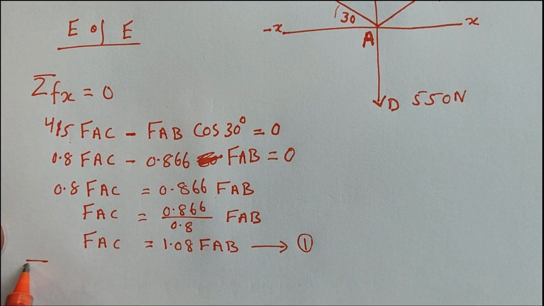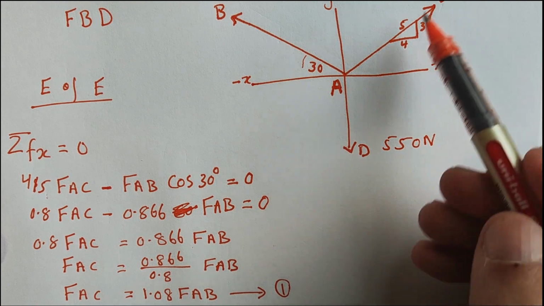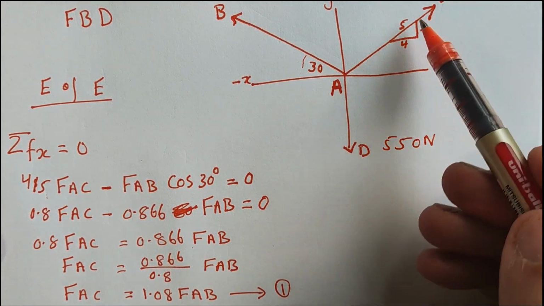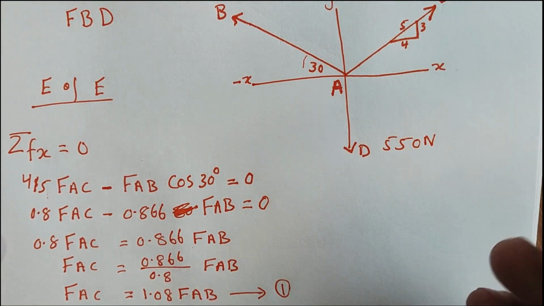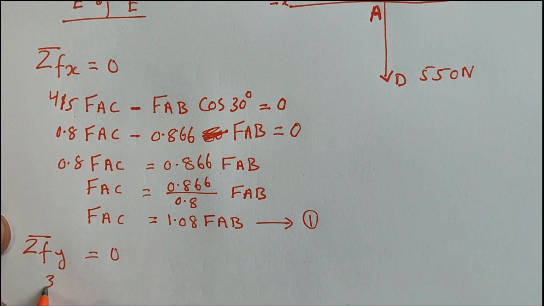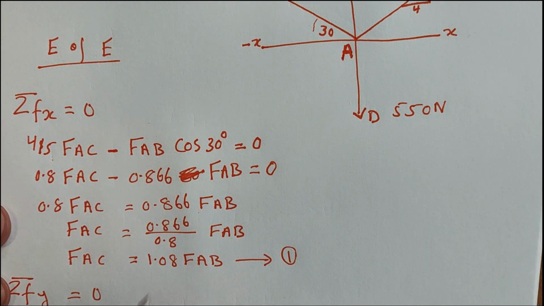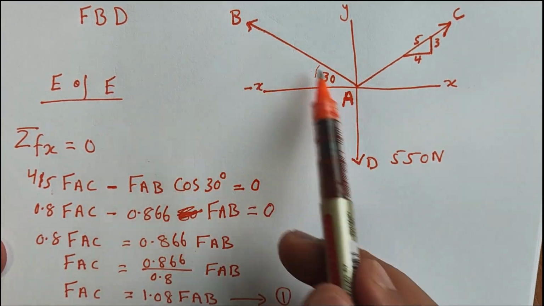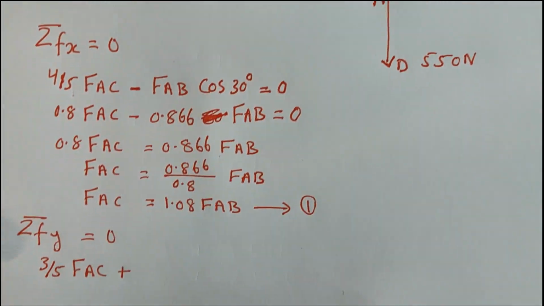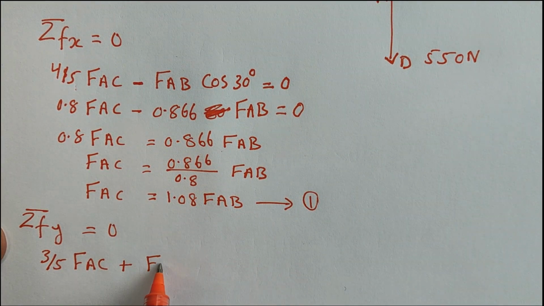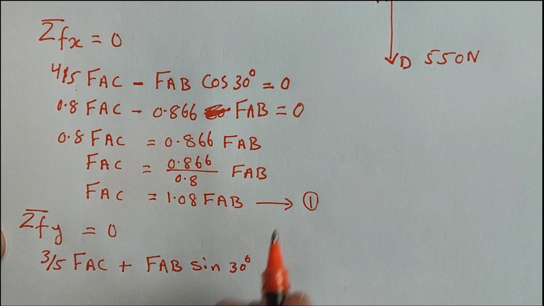Now we can sum all of the forces in the Y direction. They should equal 0. For the first force, the Y component will be 3 over 5 FAC, plus for the cable AB, FAB sine 30 degrees.